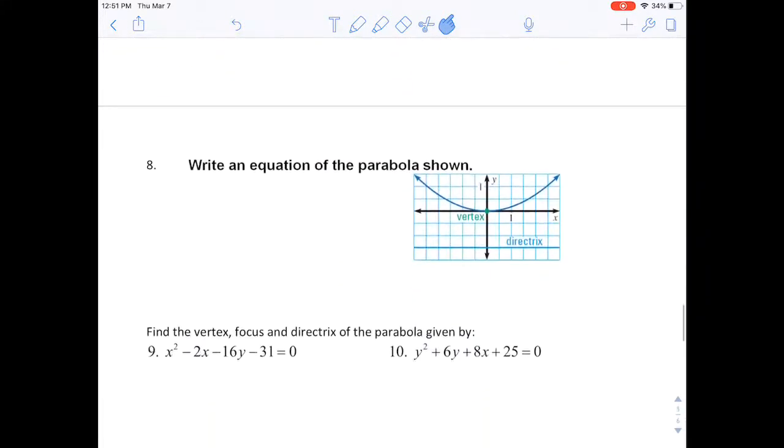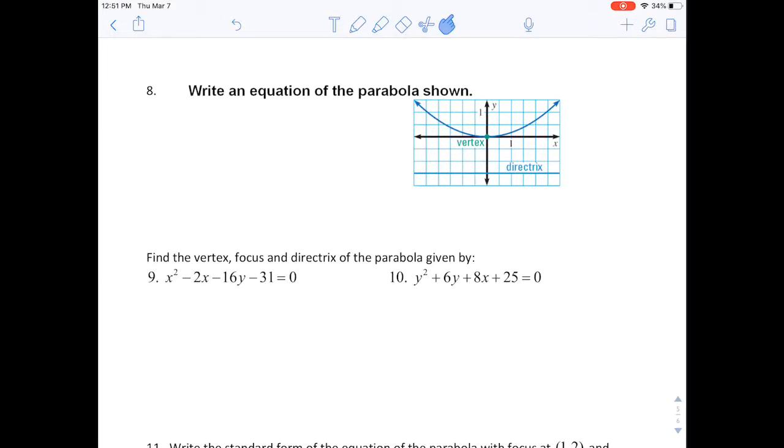All right, number 8, write the equation of the parabola shown. So what do we have? A vertex right on the origin. There's our vertex, which is 0, 0. It looks like between the vertex and the directrix, and here's where the focus would be, we have 3.